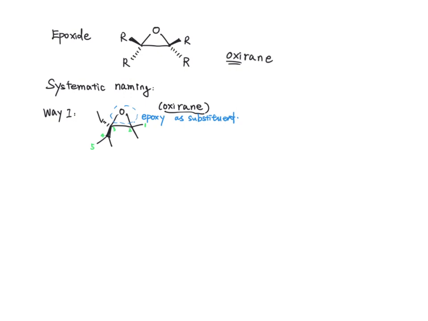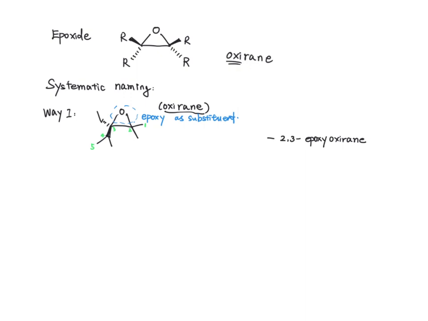It's just the epoxy substituent. What we want to do here is indicate where the epoxy is located. On this parent chain, the epoxy is located at 2,3. So epoxy, and then pentane. That gives us an idea where the epoxy is, and then we'll put the other substituents on it.